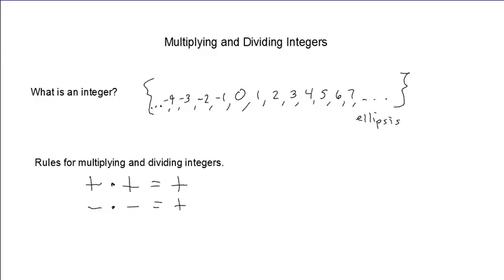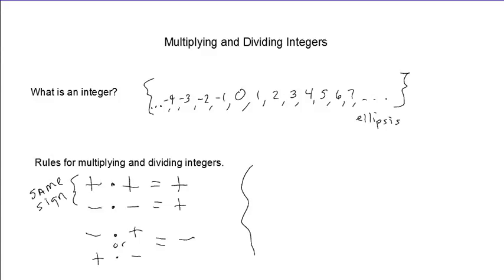To make that simpler to remember, if you have two numbers of the same sign, then you get a positive outcome when you multiply. If you have a negative number times a positive, or a positive times a negative, the order is unimportant. Either way, that leads to a negative result.